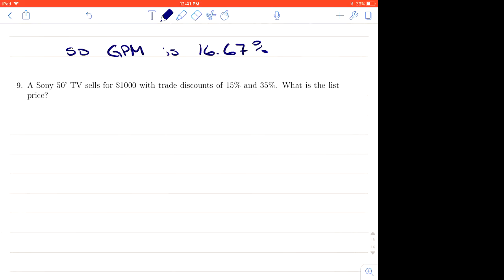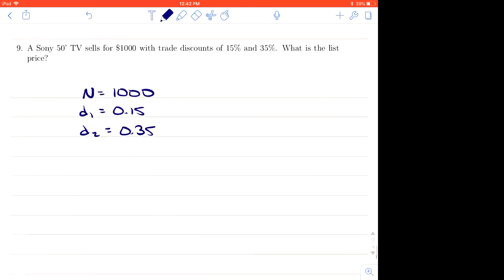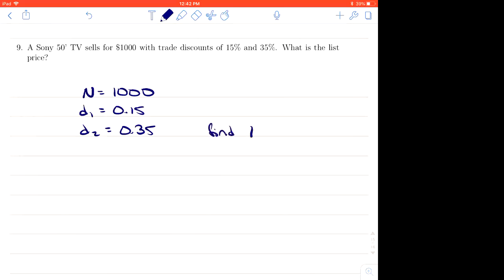Because it's asking for the list price, we can assume that the $1,000 is what we paid for it after these deductions have been taken off. So we're given that the net price is 1,000. Discount 1 is 0.15 and discount 2 is 0.35. Find L.